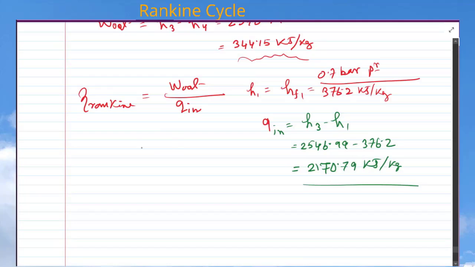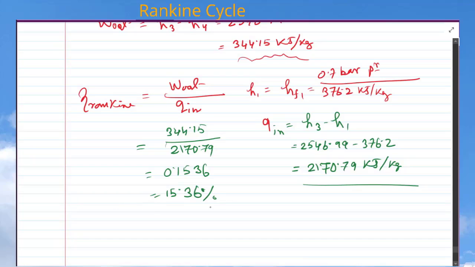This is Q in. So we can now find the Rankine efficiency: W out is 344.15, and Q in is 2170.79. If we calculate it, it is equal to 0.1536, or we can say 15.36%.